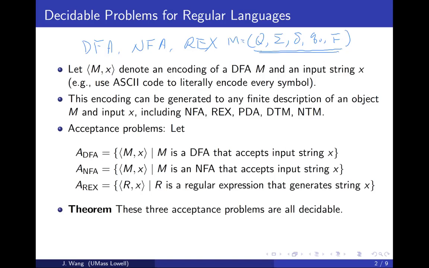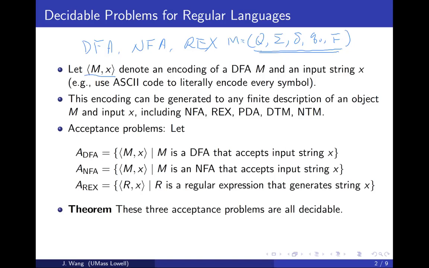Okay, so without loss of generality, from now on we're going to use this notation, angle brackets M comma X, to represent an encoding of a first object and a second object.